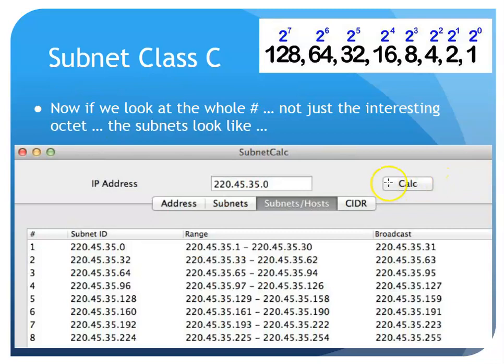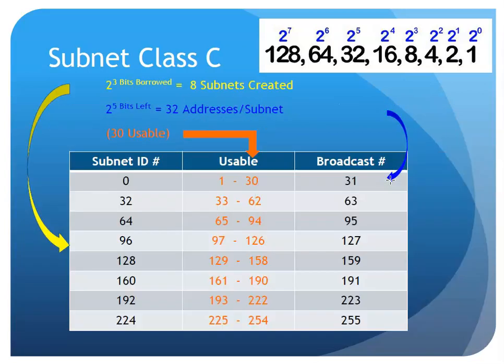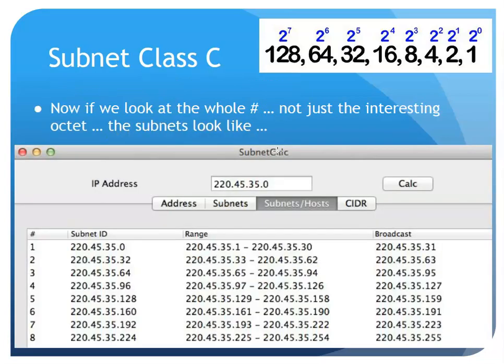If I were to plug this into a subnet calculator, which they do exist, these are useful for checking your work. I'm going to put a little clause here. When you do certification exams, it's all coming from your brain. There's no calculators allowed. There's no apps allowed. It's all coming from your brain. But when you go to do IT work for a living, there are subnet calculators out there.